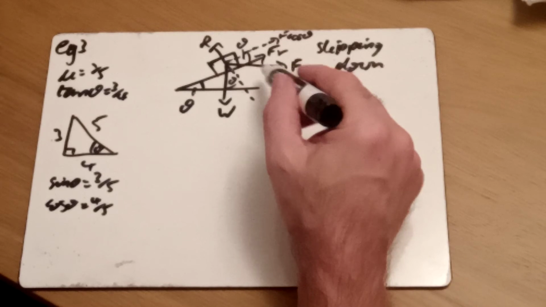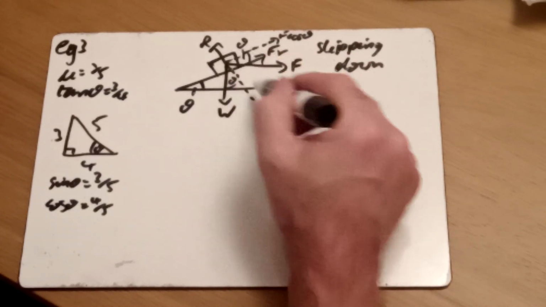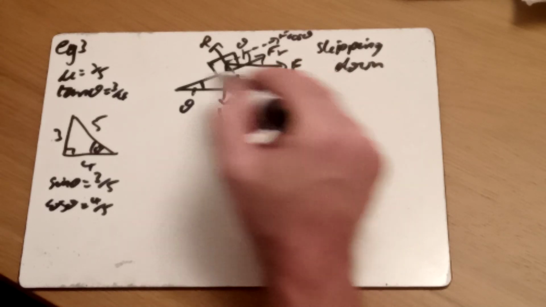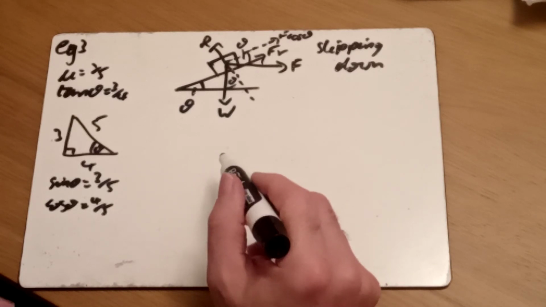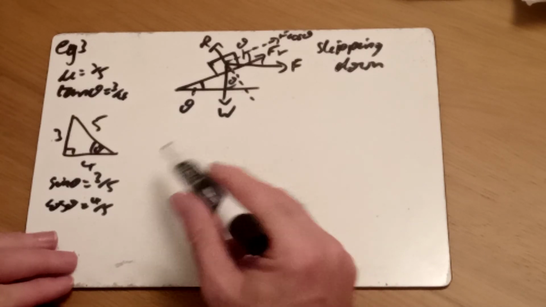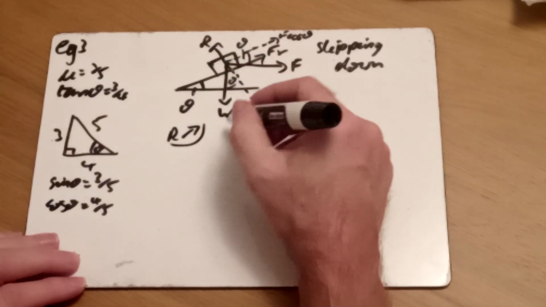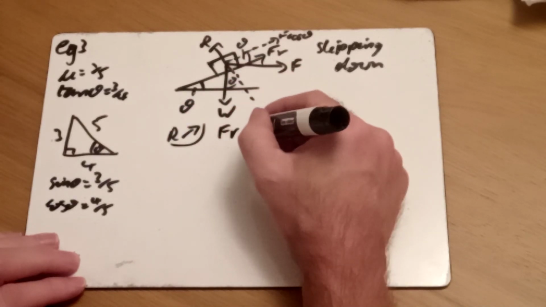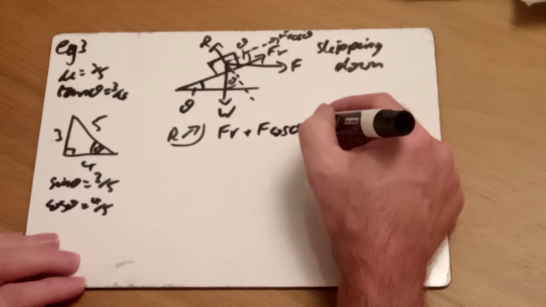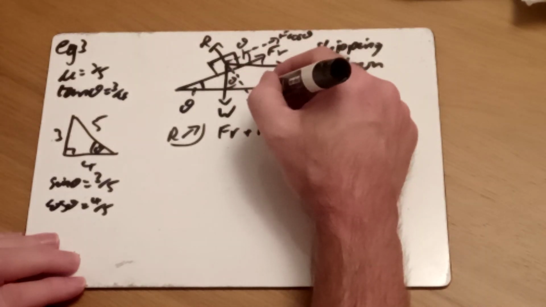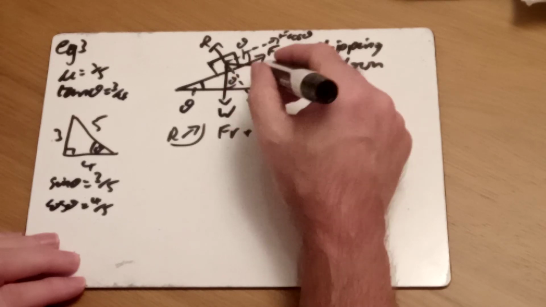And then we're off and running. I'm going to do as I've done before: resolve up the plane to get an equation with friction in, resolve perpendicular to the plane to get an equation with R in, and use friction equals mu R, friction equals 1/5 of R. Each one will have F in. So resolve up the plane: friction plus F cos theta equals, I forgot to put in W cos theta going that way, because that's from the picture.